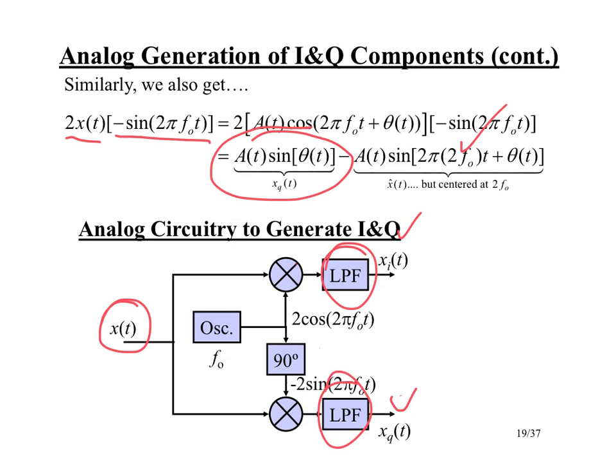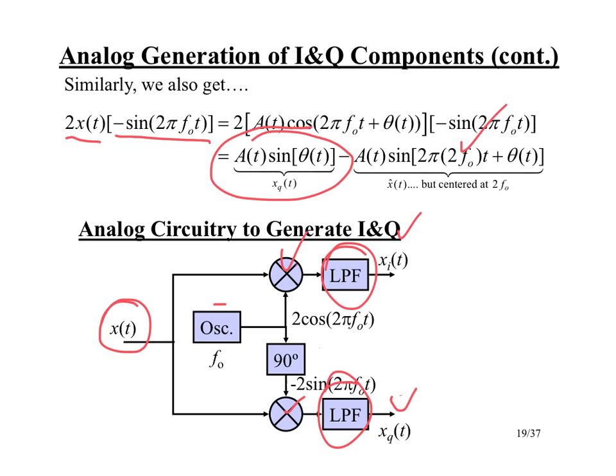So this is just following the mathematics and telling us how to actually build this. This is pretty straightforward, and you can build all these parts out of standard circuitry. If you talk to an RF engineer, they'll tell you that these things are called RF mixers.